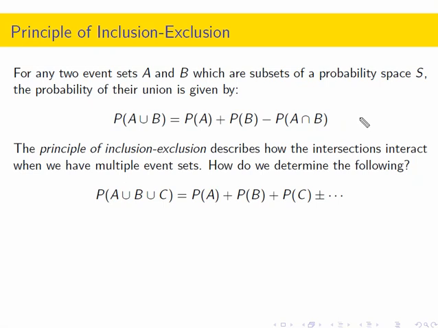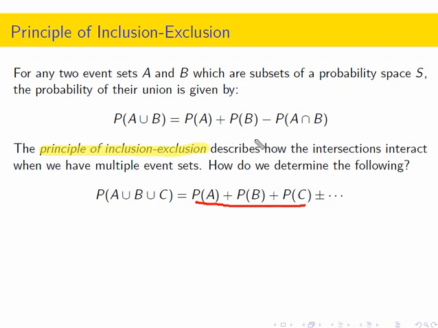But what happens when we have more than just two set intersections that are possible? That's called the principle of inclusion-exclusion, and it describes how these intersections interact when we have multiple event sets. So let's take a look at it for the three set case. We're looking at this part and then questioning what happens afterwards.